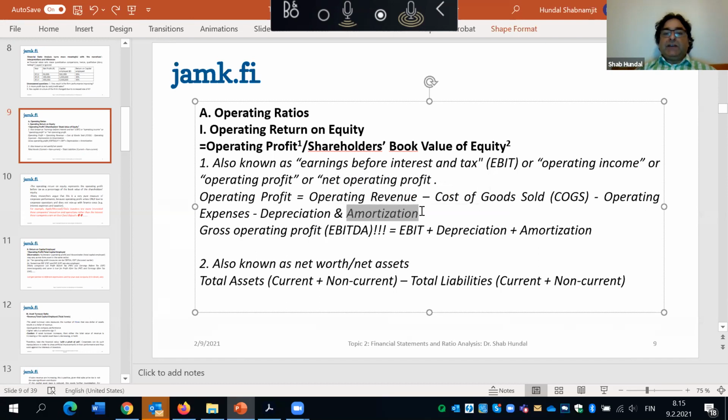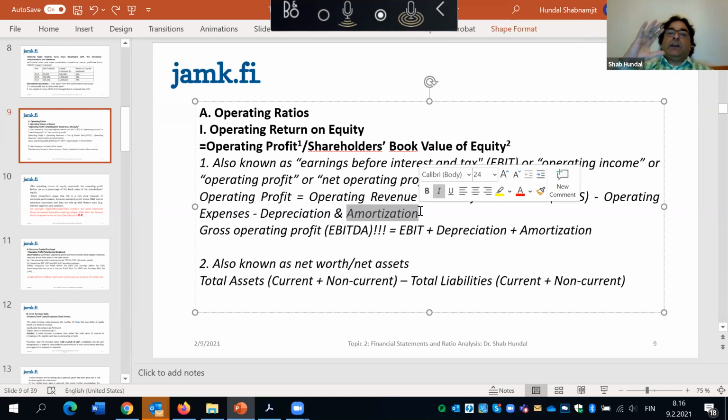Amortization is basically nothing different from depreciation, but amortization is on the intangible assets. Depreciation is on the tangible assets, and amortization is on the intangible assets. For example, if you buy a software, and the software has a life. So for example, you buy the software for 1,000 euros, and this software has a lifespan of 4 years.